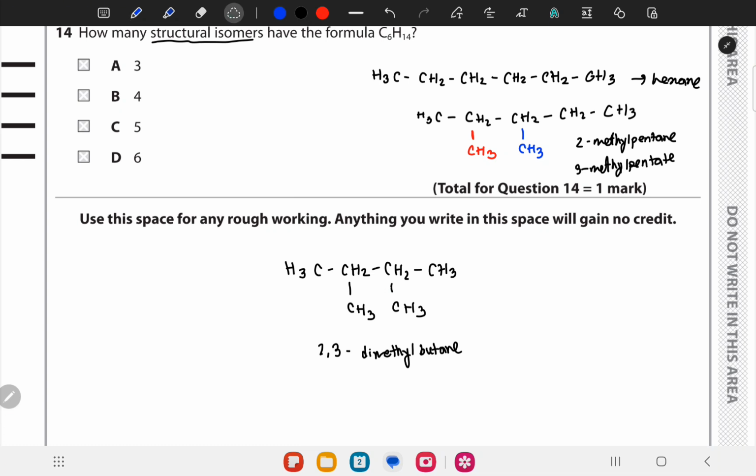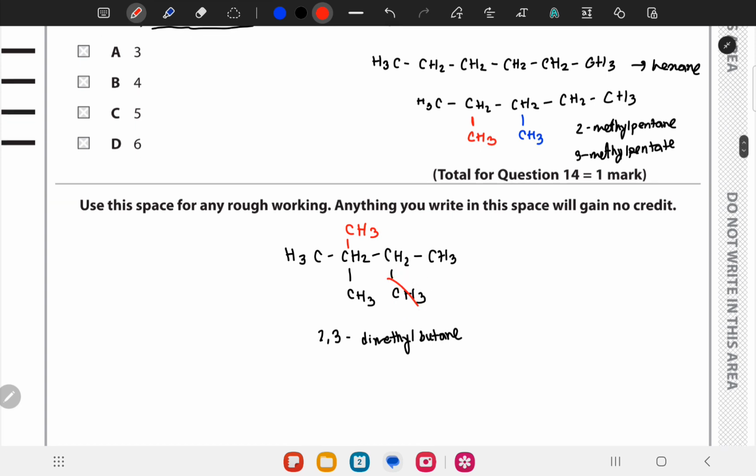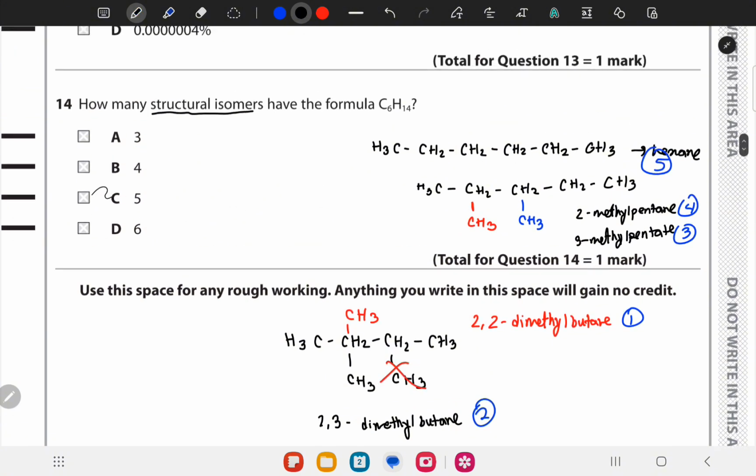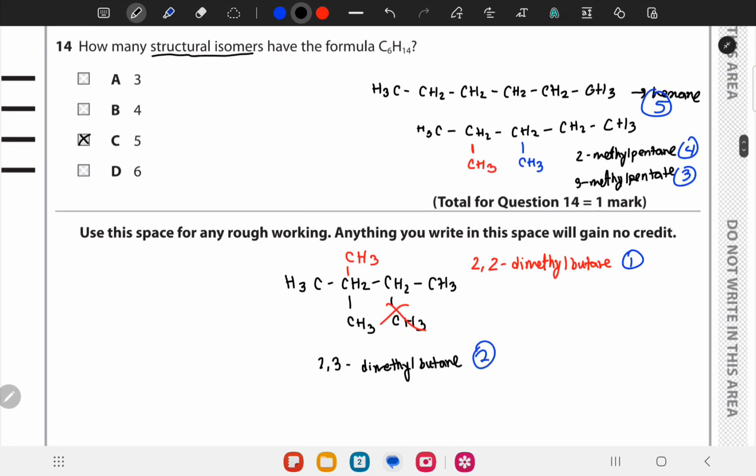So instead of this, we can have a carbon. We can have another methyl group over here. So that would be 2,2 dimethyl butane. So we have 1, 2, 3, 4, 5. 5 structural isomers for C6H14.